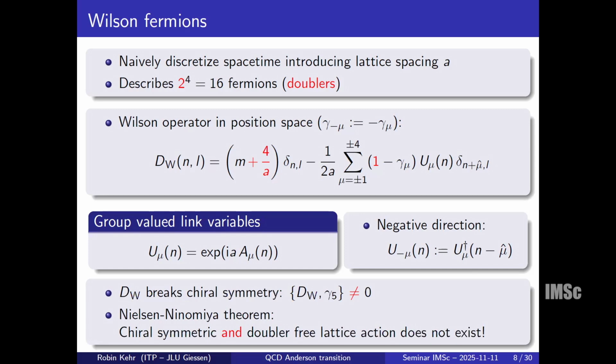So the Wilson operator does not anti-commute with gamma 5 anymore, which is a problem. You could naively think about adding another term to restore the chiral symmetry, but there's the Nielsen-Ninomiya theorem: it's not possible to maintain chiral symmetry and a doubler-free lattice formulation, at least not in an exact continuum sense.